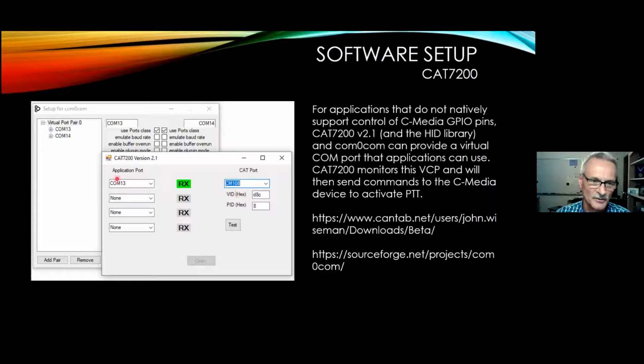And likewise, when request to send goes away, it turns it off over here. So it's a shim that also has to be running. Ideally, all of our applications would have native support, but this is still a backdoor way. If you have an application that can't talk to the device directly, but it can talk to a COM port, we can still get it to work this way.